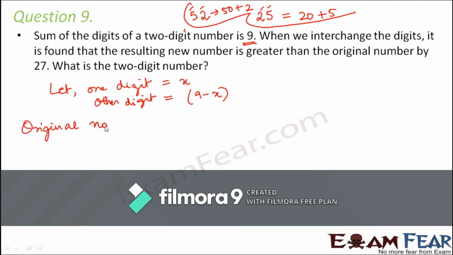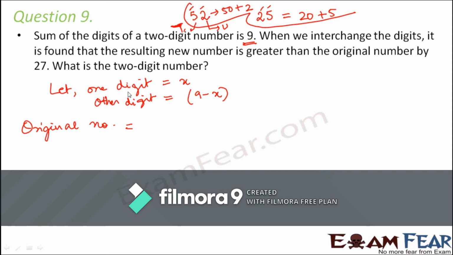Let's say this digit is at the units place. So this is called the units place and this is called the tens place. Whichever digit is at the tens place will get multiplied by 10 and whichever is at the units place will get multiplied by 1. Like you see here, 5 is at the tens place, so 5 into 10 is 50. 2 is at the units place, so 2 is multiplied by 1, so it remains as 2.